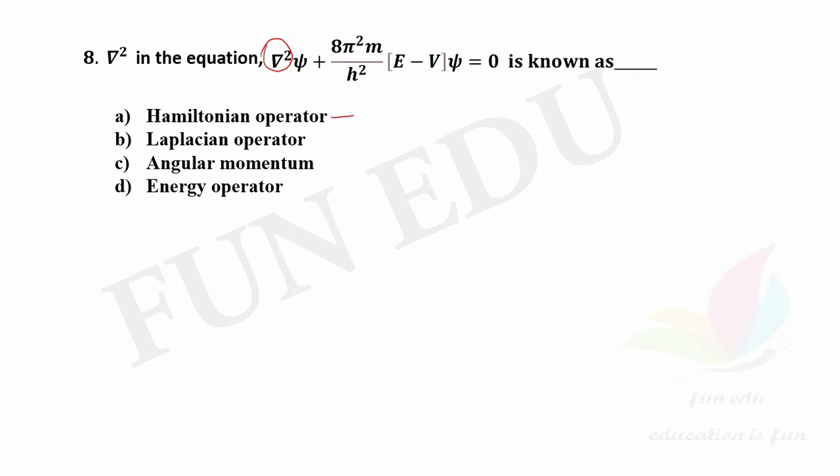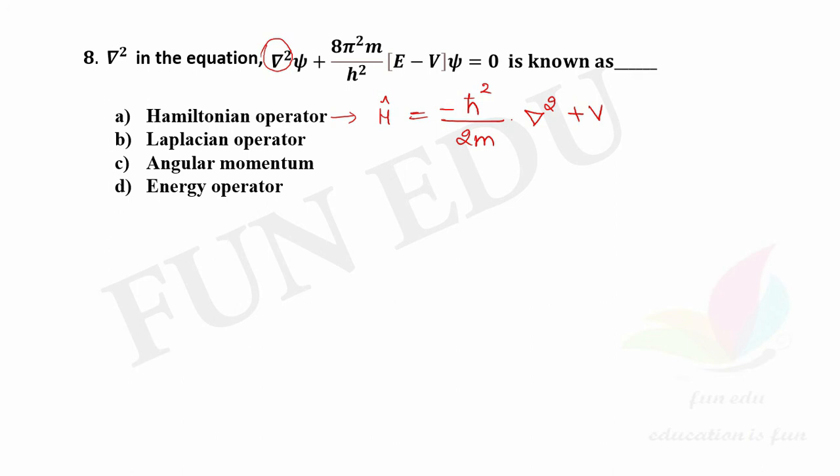The Hamiltonian operator is nothing but H cap, correct? So H cap is equal to minus h cross square by 2m into del square plus V. Now this is your Hamiltonian operator.